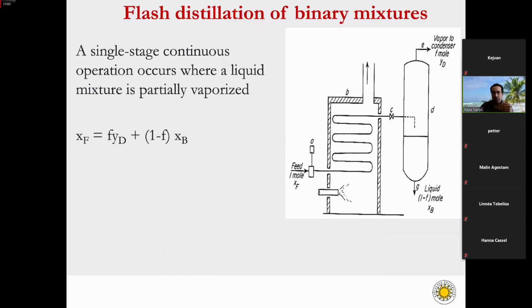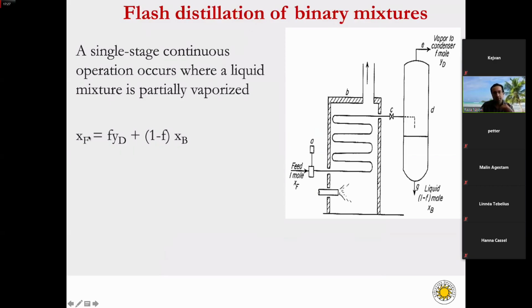So let's say the feed is 1 mole that is entering the flash distillation column, and we consider xf as the mole fraction of one component in the feed, and we can call the distillate or the overhead product D, the bottoms is F, and yd is the mole fraction in the vapor phase.